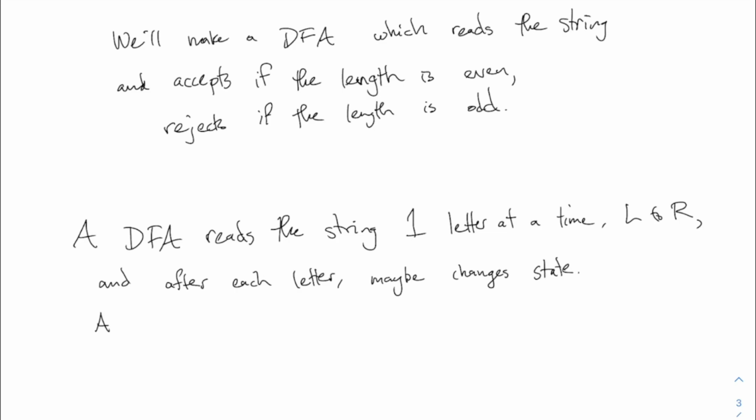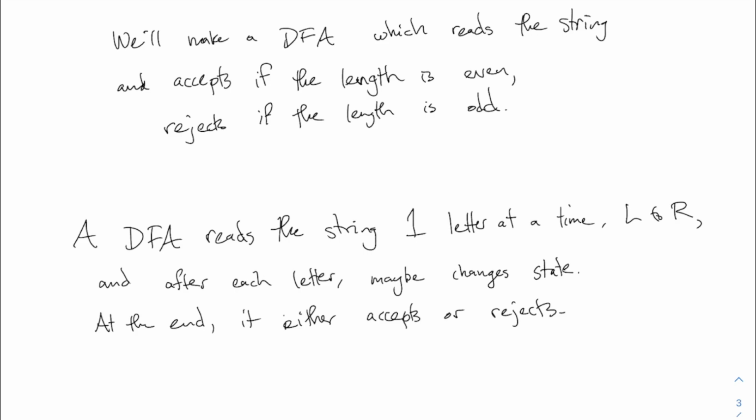And then at the end of the string, it either accepts or rejects. All right? In this example, it wants to accept if the string is even length and reject if the string is odd length.